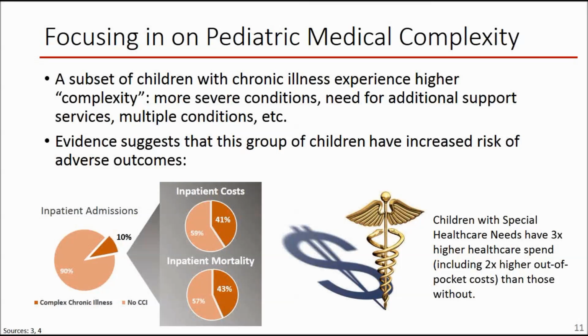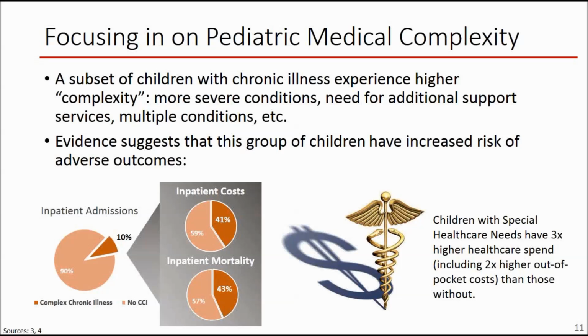So focusing in a little bit more, you have children who have chronic conditions. That's a really big group. It's a wide range of conditions. You also have this idea of medical complexity, so a higher risk, higher needs group among kids. It's a subset of children with chronic illness who experience more complexity, either through the severity of their conditions, the need for additional support, potentially the presence of multiple conditions, and so on. Evidence suggests that this group of kids has an increased risk of adverse outcomes.